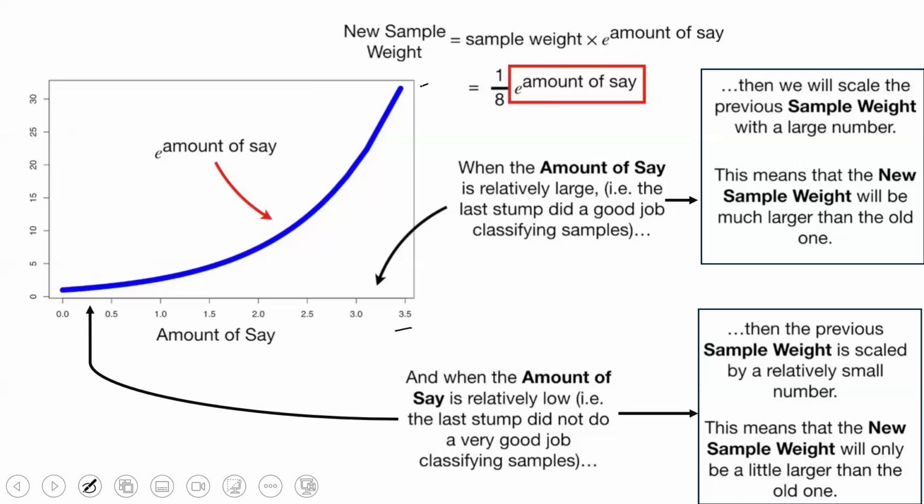The new sample weight will be equal to the existing sample weight, which is 1 by 8, into e to the power of amount of say.